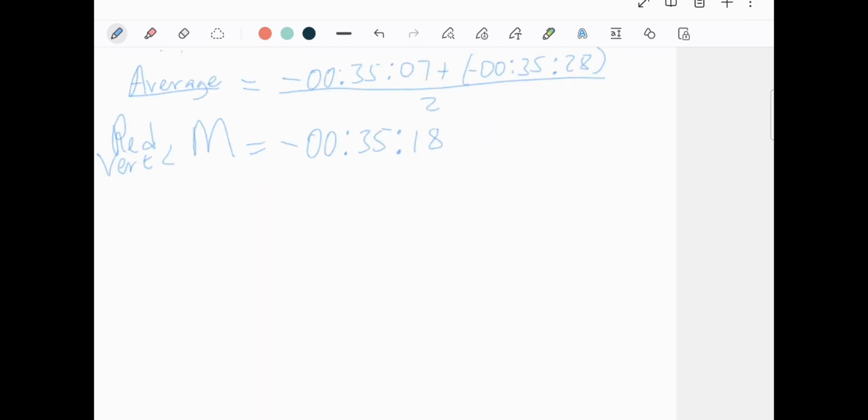Now guys, we're going to repeat the same thing for T2. We're also given two angles under T2. So we're going to have T21, which is equal to 89, 09, 00.